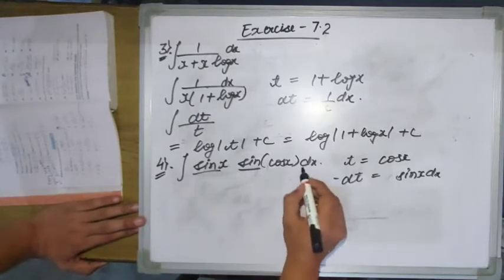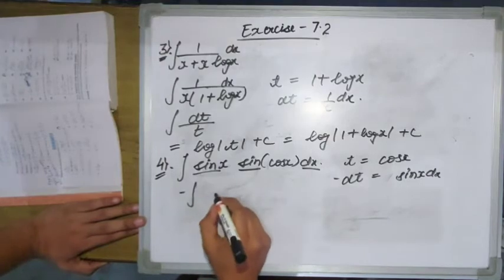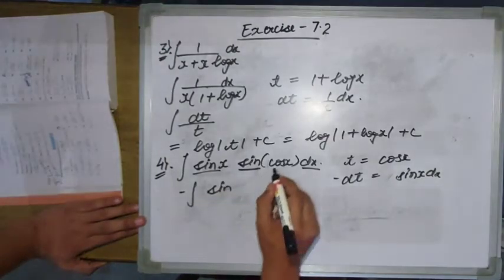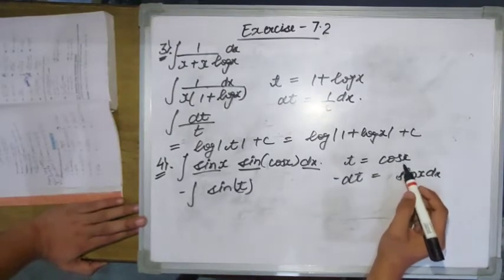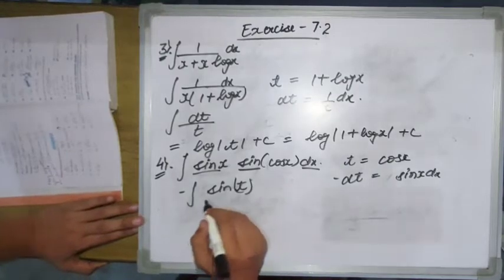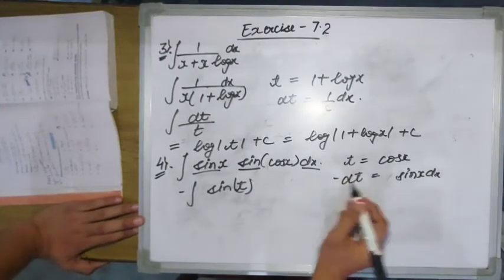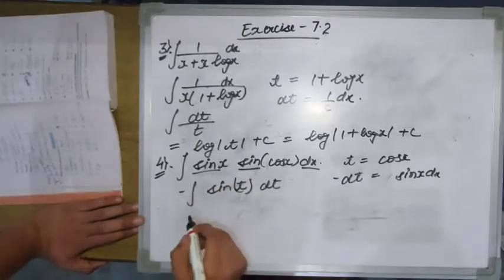Sin x dx value is minus dt. So I am simply writing it here. Sin cos x, I have substituted cos x equals t. So therefore sin t here and minus dt for sin x dx.